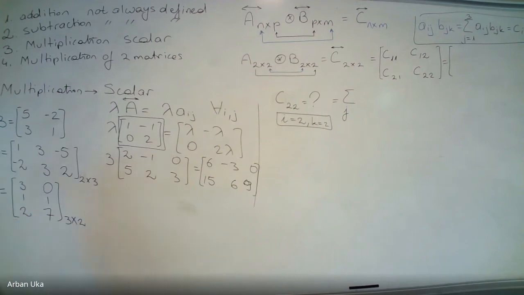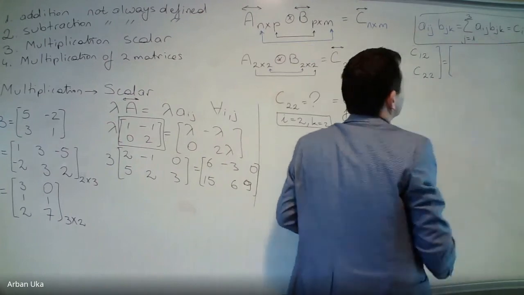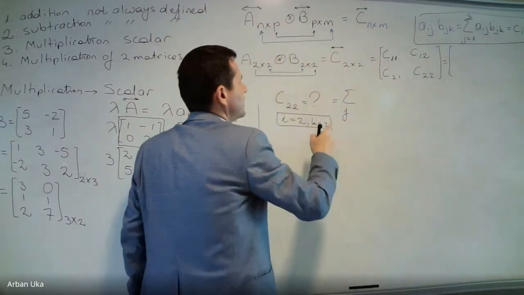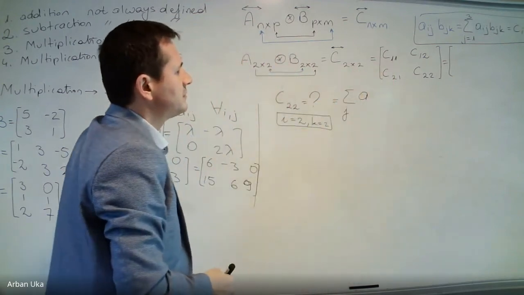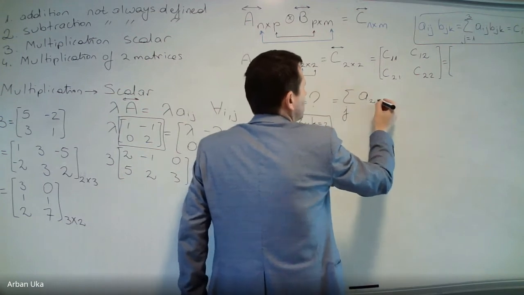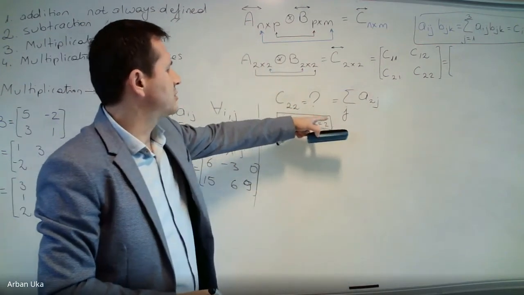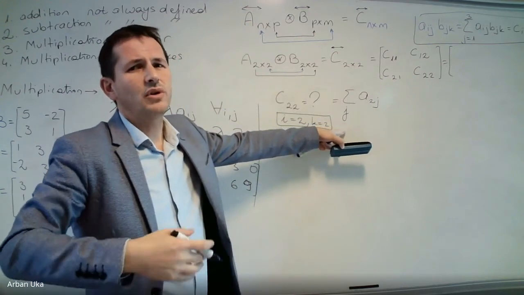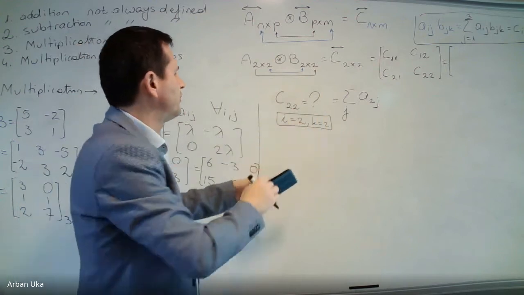We have to sum over j, but we write the fixed values in this expression. Which are the fixed values? A_i, so what is I? 2. J is not fixed, because we have to sum over j. What is fixed is I and k alone, because we have to find C22.